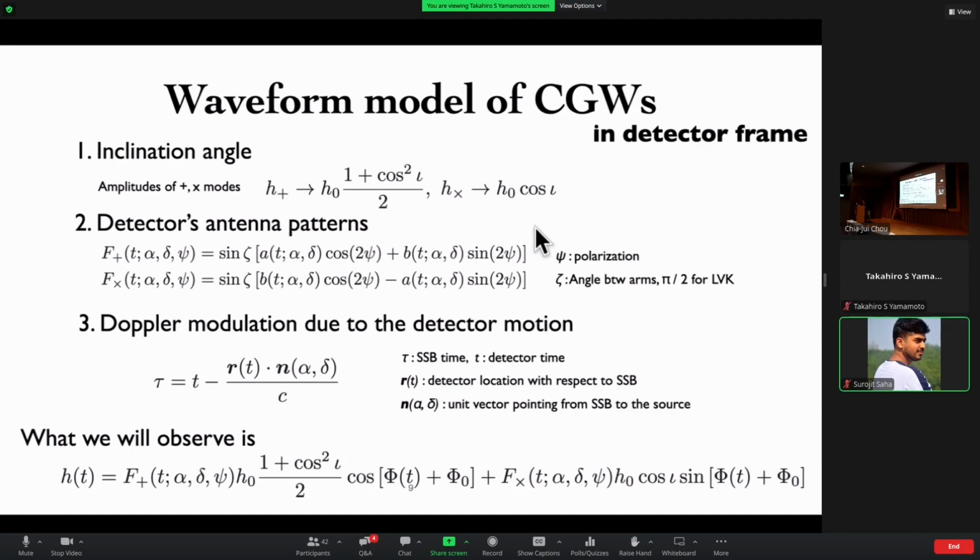In the last of this slide, I show the references for the review article or something. You may find the derivation there. Okay, that would be great.